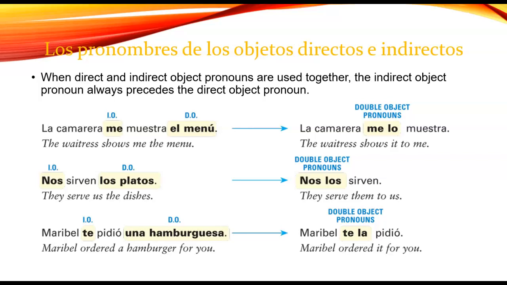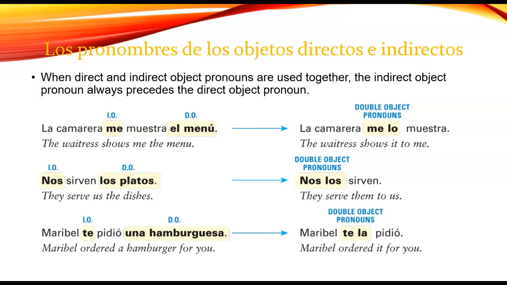My preference would be: did the waitress show you the menu? Yes, the waitress shows it to me. Or does the waitress show you the menu? I would prefer they set it up in a question and then answer it with the direct object pronouns and indirect object pronouns, because that's usually how you're going to see them. Remember, they are used to reference something that was previously referenced.